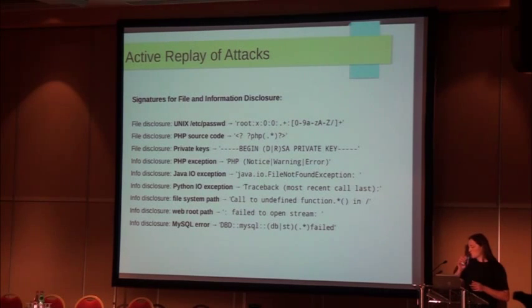We match for the parser file, for example. This is just an excerpt for some source code files. There are our private keys. We can match for error messages, PHP, Java, Python, whatever, if this is important for us, or if some file path is leaked, some database message is leaked. Yeah, we can do that.